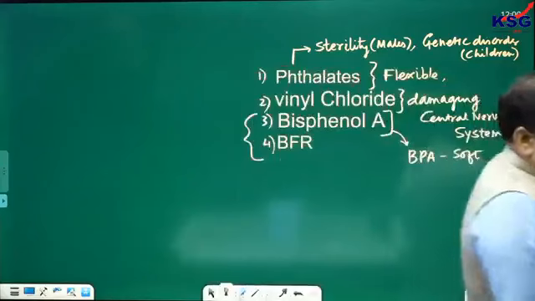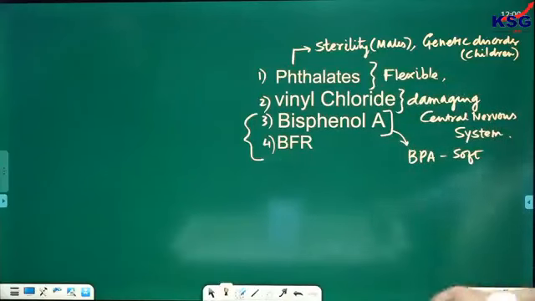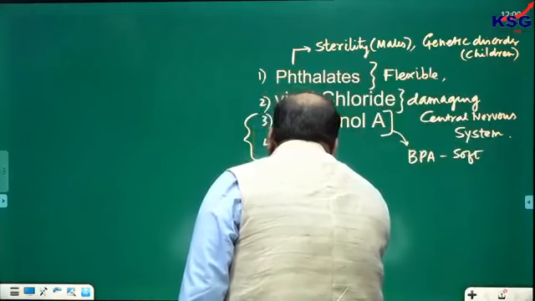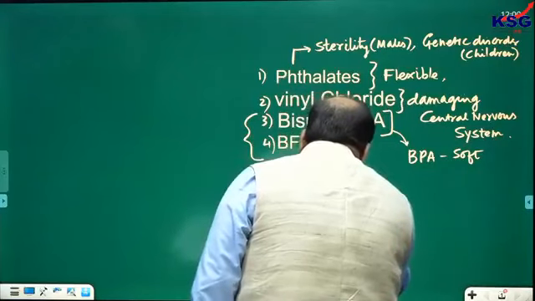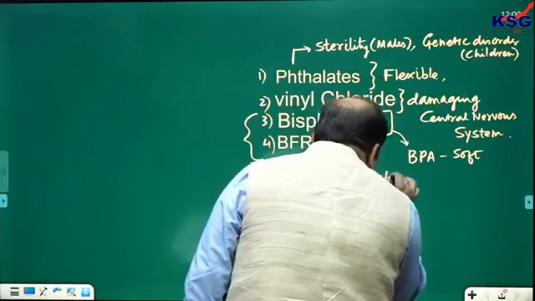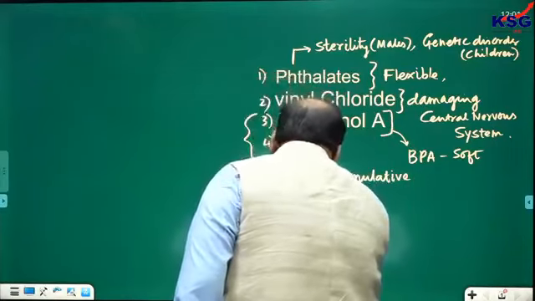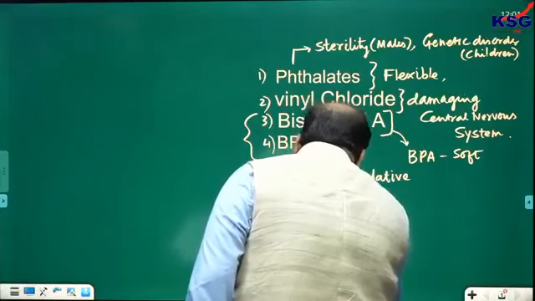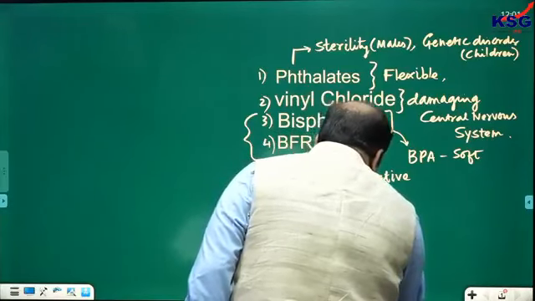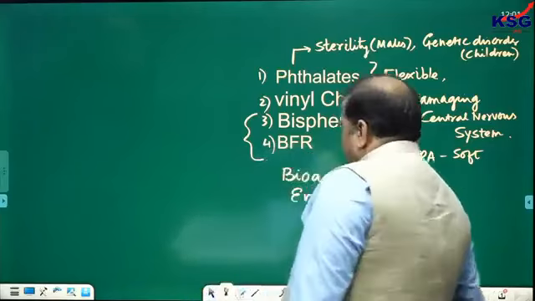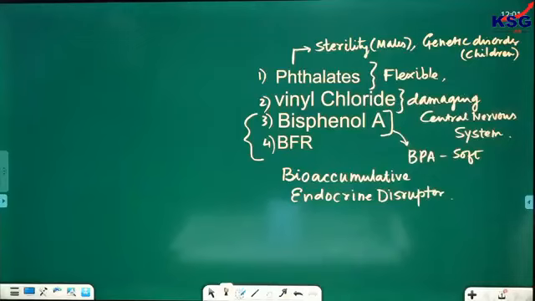Both BPA and BFR are bioaccumulative in nature, so it enters the food chain. That means bioaccumulative in nature, and acts as an endocrine disruptor.